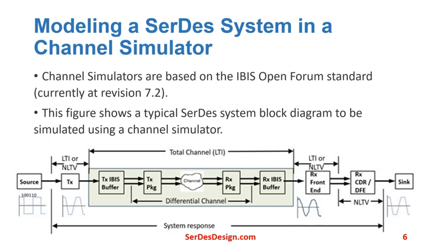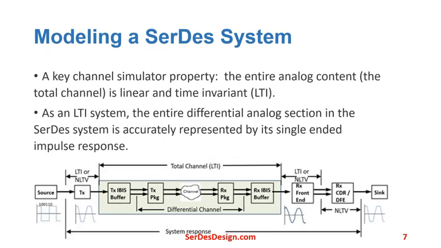The IBIS-AMI model has an IBIS portion that has a differential input from the channel. The AMI portion typically contains a receiver continuous time equalizer, a data recovery unit, and a decision feedback equalizer.